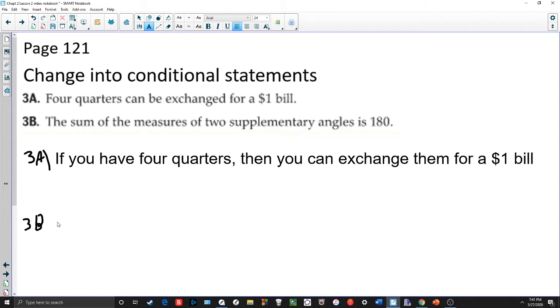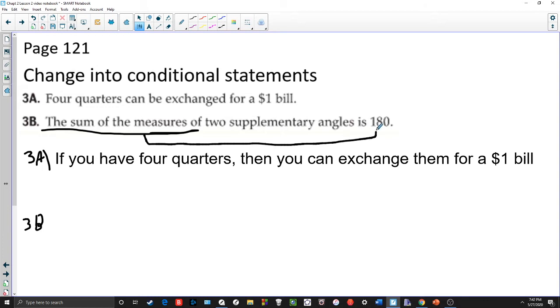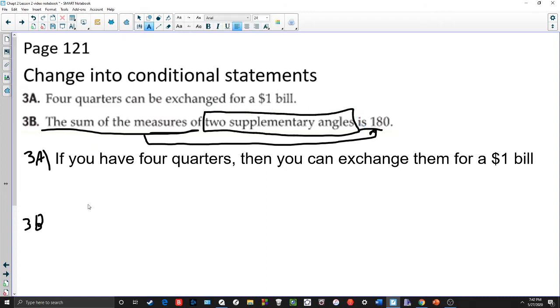So for 3b, the sum of the measures of two supplementary angles is 180. Let's break this down here. We have sum of the measures is 180. So this one's kind of split. And then our second statement is actually going to be this middle one here, which is two supplementary angles. This one's a little bit trickier to break down.